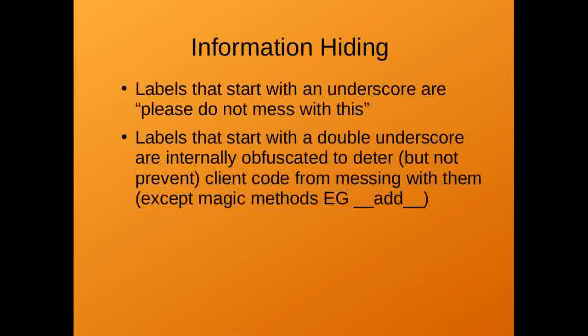It's a convention. And labels in Python that start with a double underscore, but not dunder methods, not magic methods like dunder add, are internally obfuscated to deter but not prevent client code from using them.